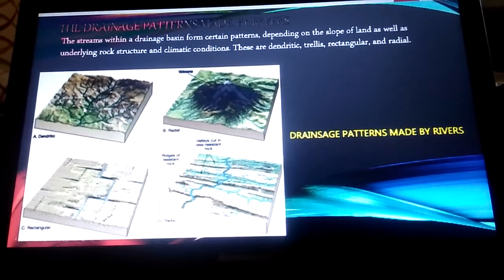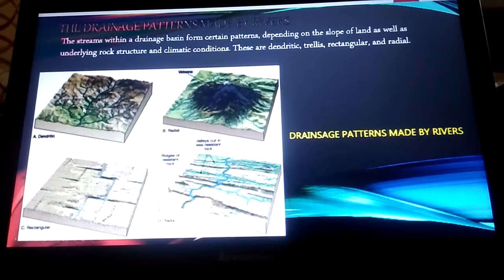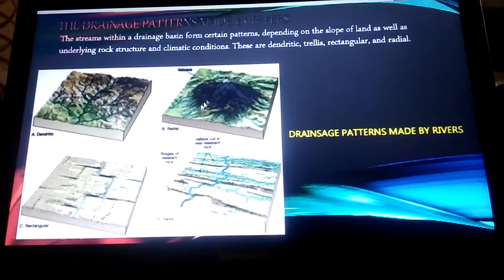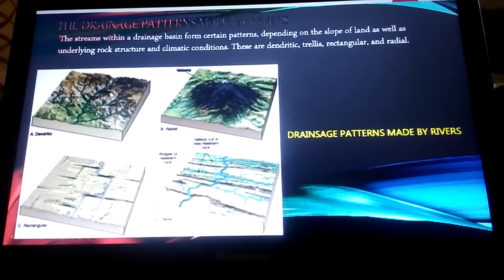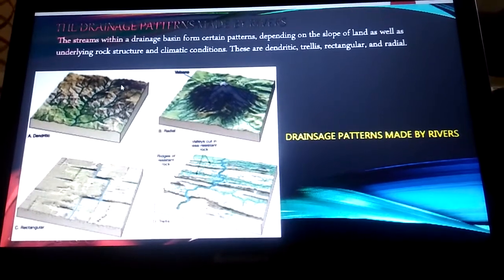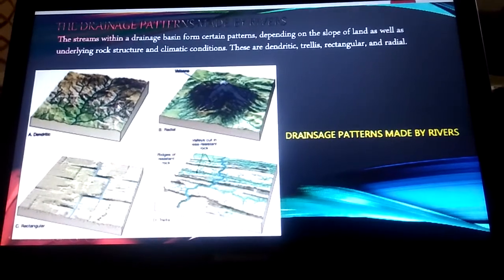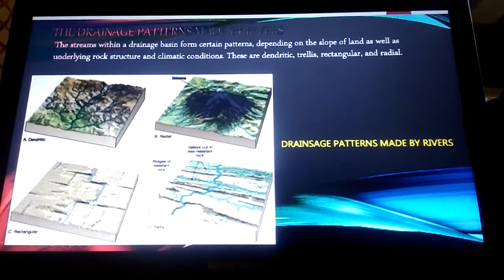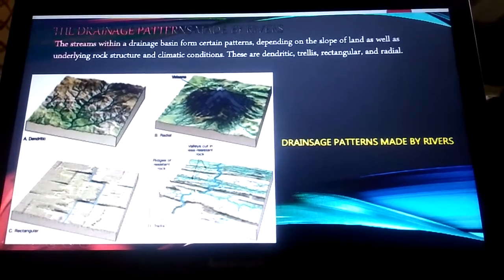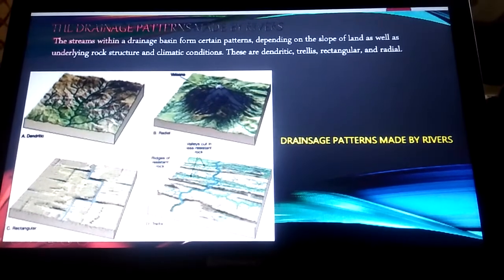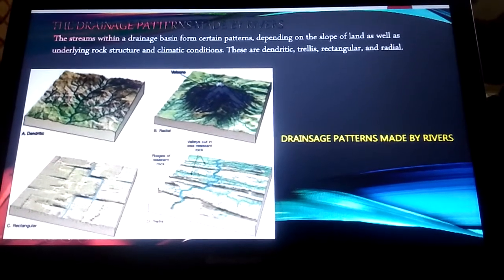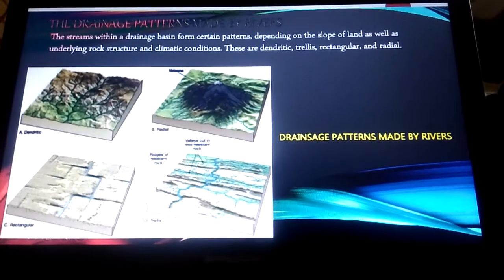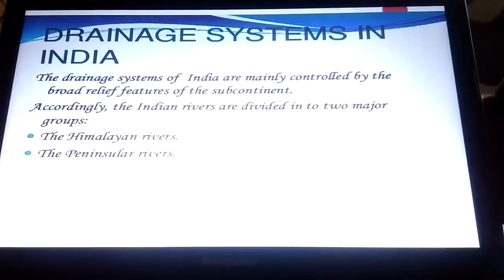Then we have the second drainage pattern, which we call dendritic. If you look properly, this dendritic drainage pattern looks like the branches of a tree. Then the third is the rectangular drainage pattern, and the fourth is the trellis drainage pattern, where the rivers join almost at an angle of 90°.